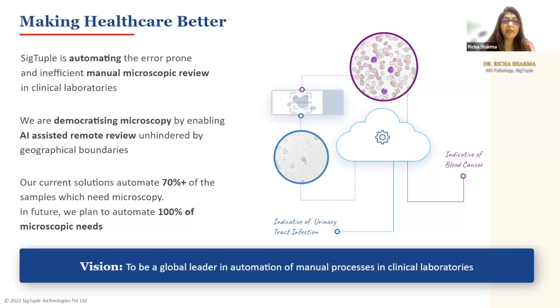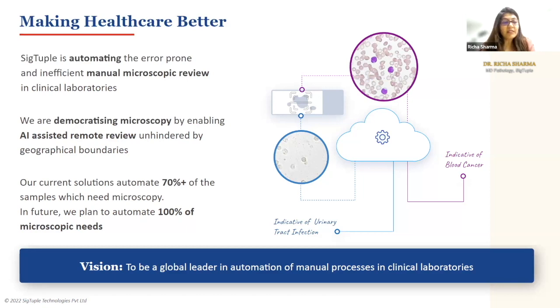In lieu, we are getting an opportunity to democratize microscopy, in the sense that there won't be any borders in the diagnosis. We can scan a slide in Africa and review it in USA or in India. So the medicine will have no boundaries, the diagnosis will have no boundaries. It will disrupt the entire diagnostic system that exists right now.